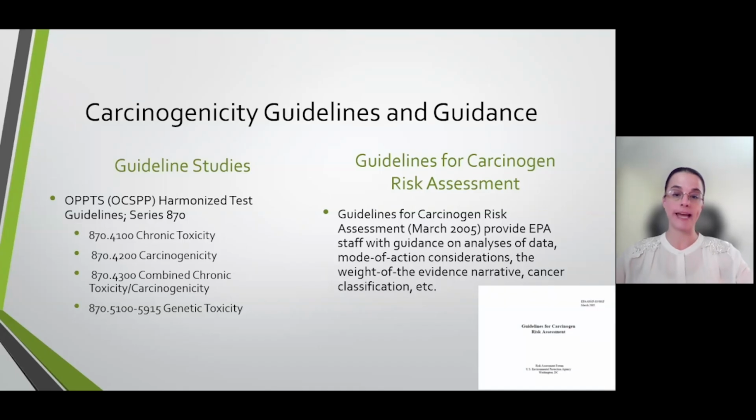It provides our staff with guidance on how to analyze different pieces of data, and things to consider when you're analyzing mode of action and mode of action data. It's really a big weight of the evidence narrative, so it tells us how to pull all of the pieces of data and information we have together in order to paint that weight of the evidence narrative. It also provides guidance on placing specific chemicals within a cancer classification, which in turn can impact whether or not you're going to need to quantitate cancer risks separately within your human health risk assessment.